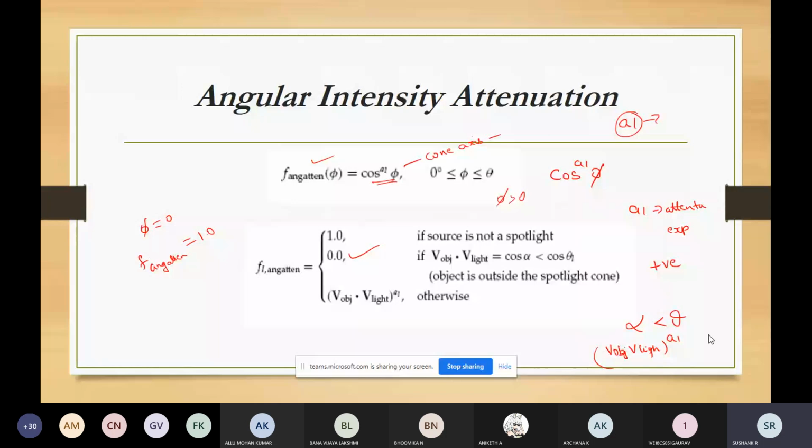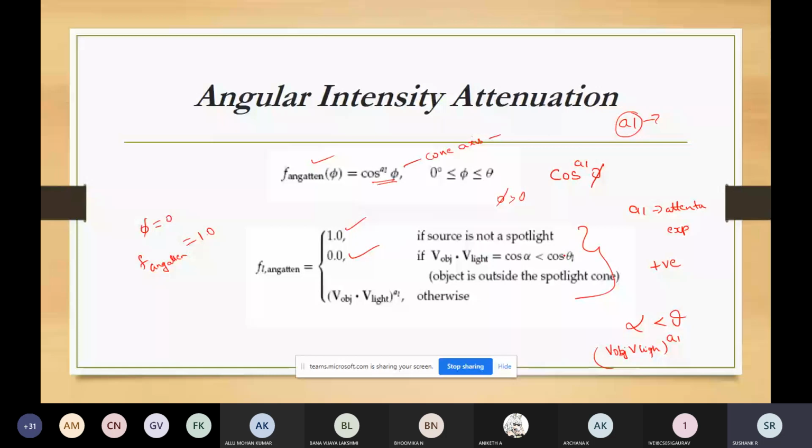Using these two vectors, and if the angle is between 0 to 90 degrees, the same derivations which we have studied now, using those statements itself, we are able to get these three cases. Not a spotlight, the phi will be 0, so this will be 1. If the cos alpha is less, obviously the object is not visible. Since the object is not visible, the angular intensity attenuation will be 0.